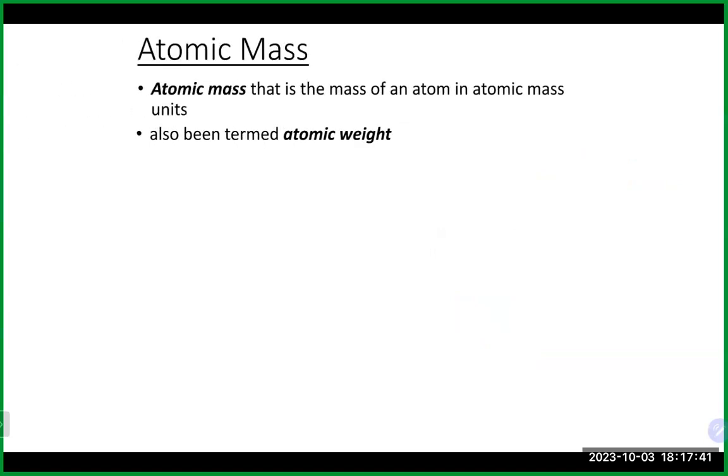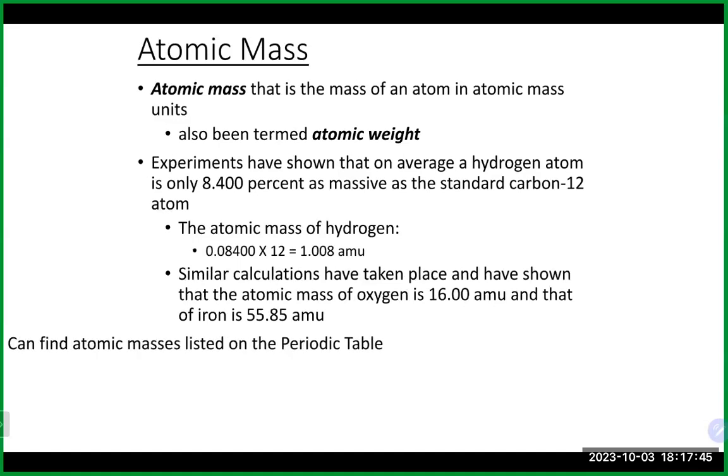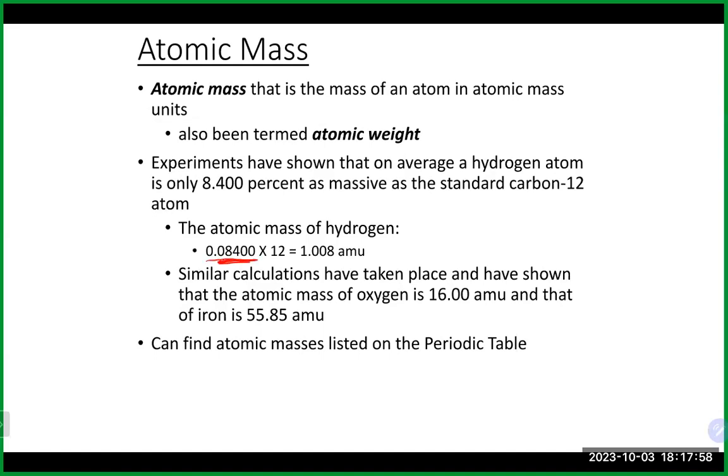So, for example, they did experiments and showed that the mass of hydrogen is only about 8.4% as big as the carbon-12 isotope. And they basically did a little calculation there. That's 8.4% converted into a decimal, times the atomic mass of our carbon-12, which gets us that 1.008 AMU that we see on the periodic table.